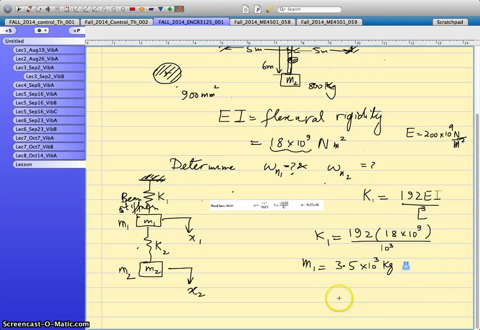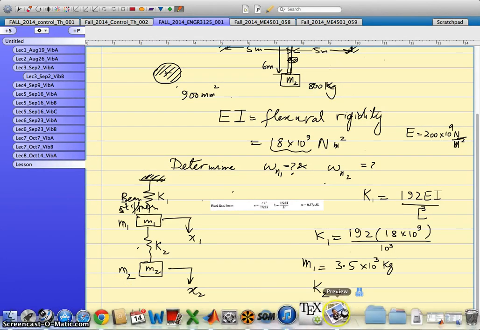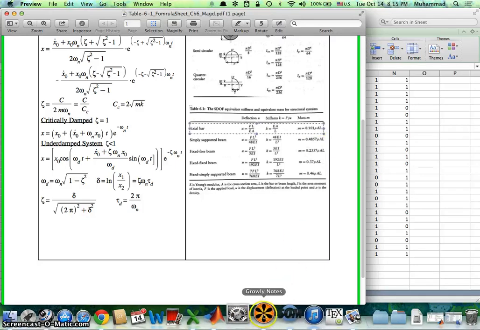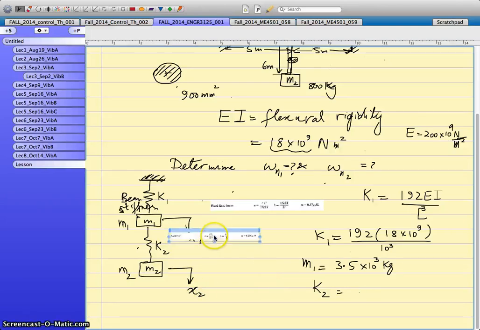What is K2? The stiffness of this rod. There is a formula for that. If I go over here, the formula sheet which I just showed you, it's an axial bar. What is the stiffness of an axial bar? You might not be able to see that, but I'm just giving you the reference.